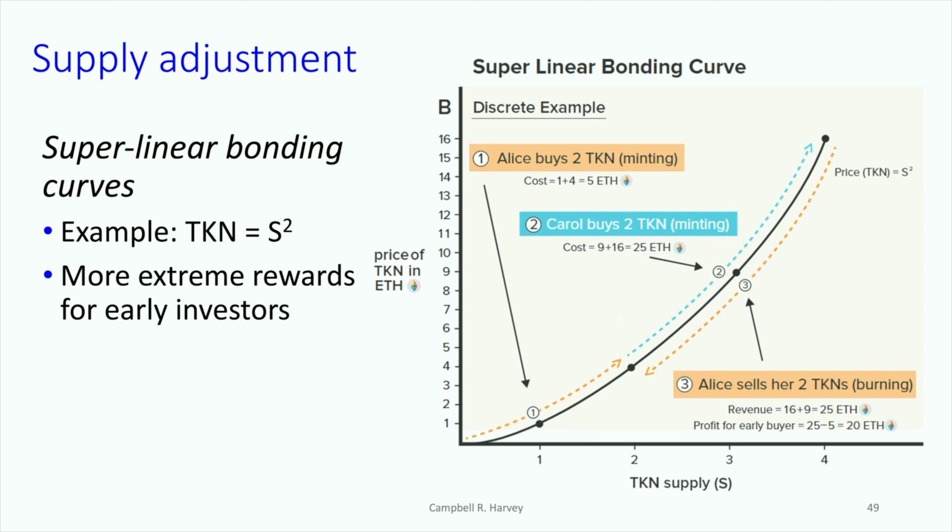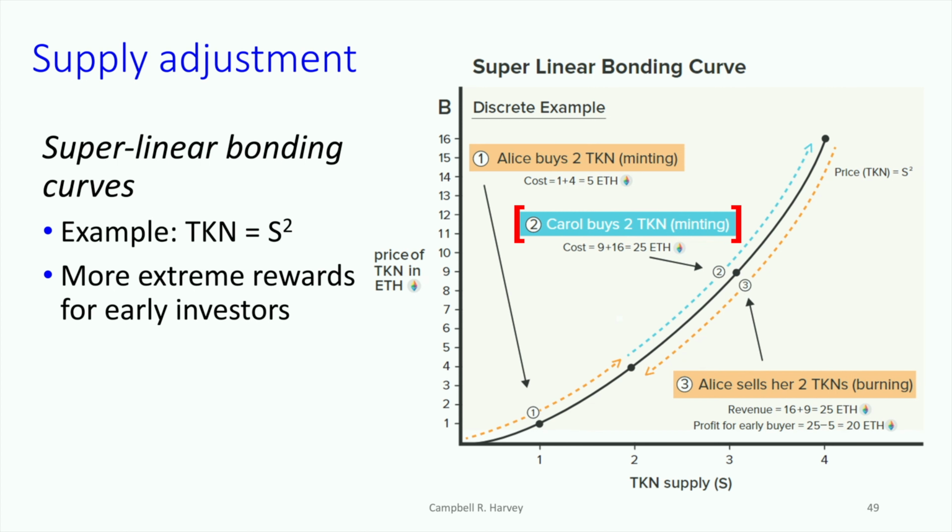And you can see the dynamics. For example, Alice buys 2 tokens, and this is minting, so 2 tokens are actually created. What is the cost? The first one is 1. The second one is 4, so 2 squared is 4. So the total cost for Alice is 5.